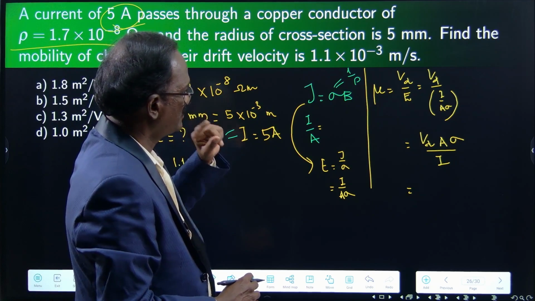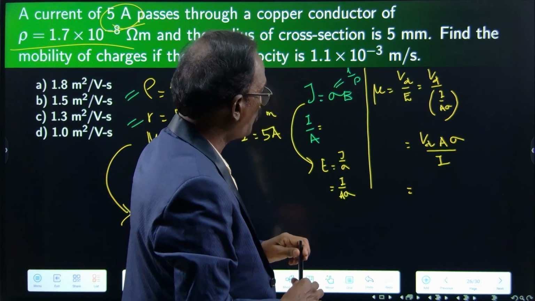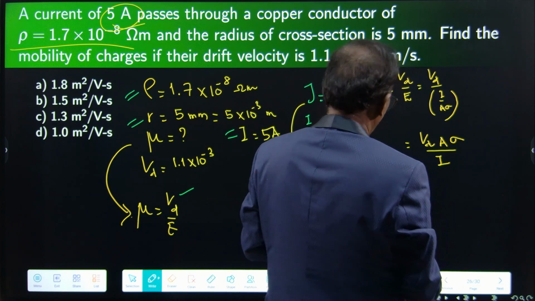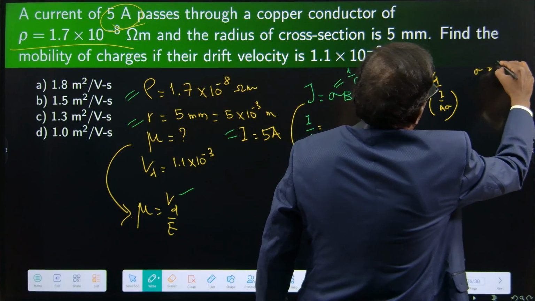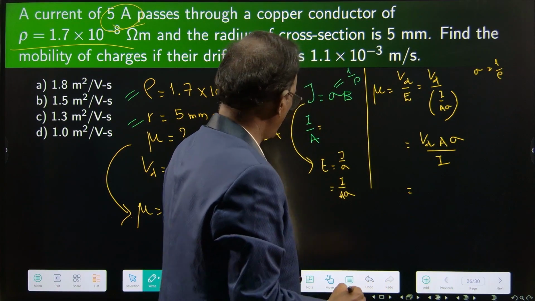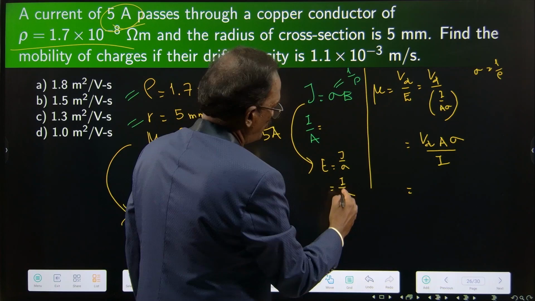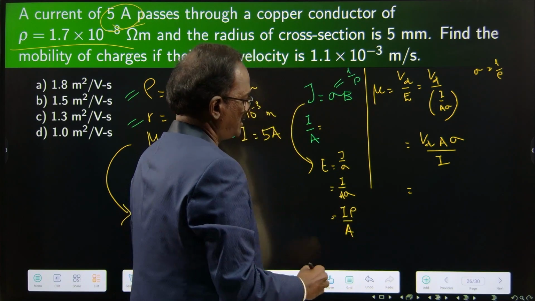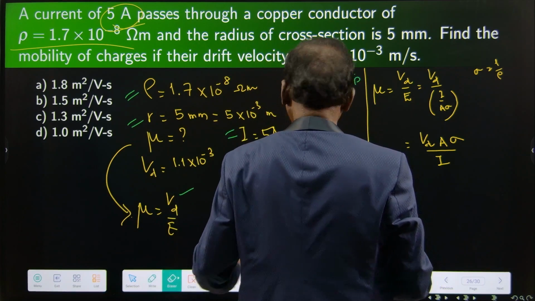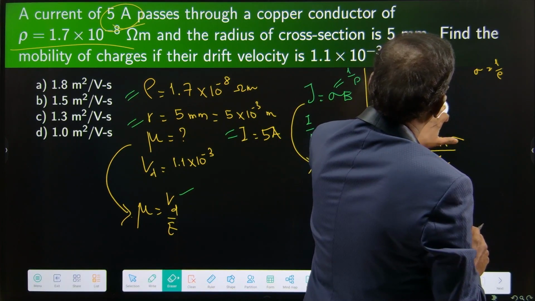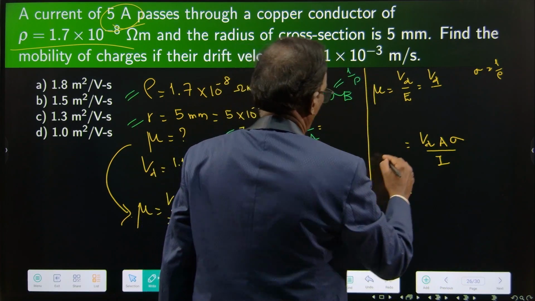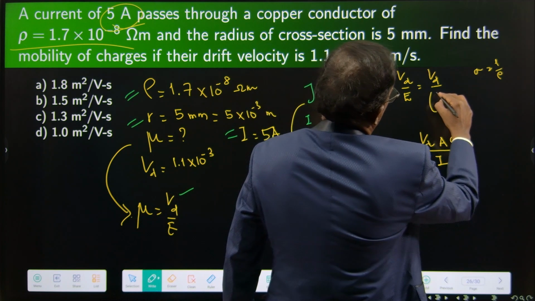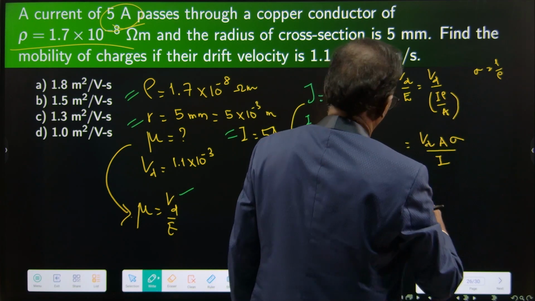So it must be written in terms of rho. Sigma is equal to 1 by rho. Rho is given, not sigma. So I must write I rho by A. E is equal to I rho by A.